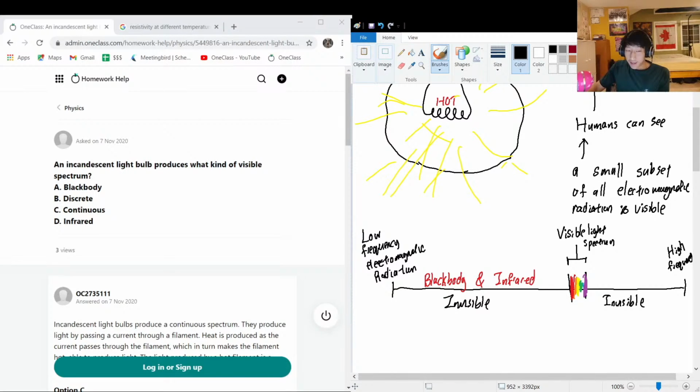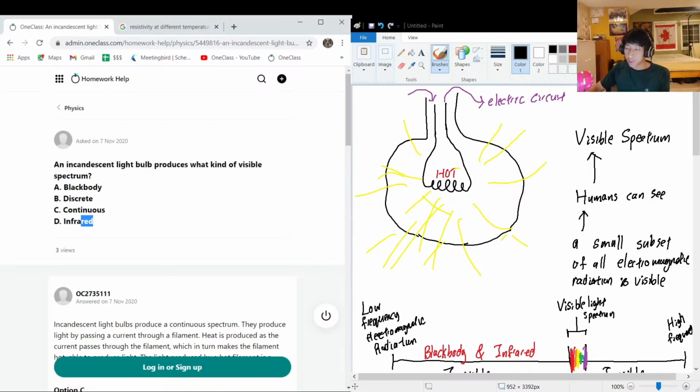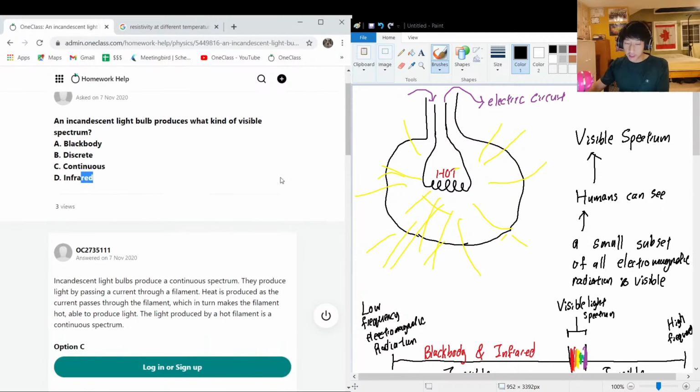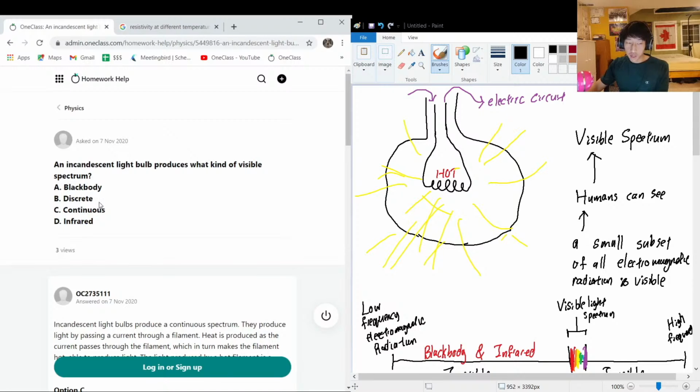Okay, so that kind of disqualifies them from being on the visible spectrum, is the fact that they're on the invisible side. Both of them are. So that's the reason why we have to disqualify black body and infrared. Even though this incandescent light bulb is certainly going to emit that type of radiation, it's just not going to be visible at all. So now we're just left with discrete and continuous.